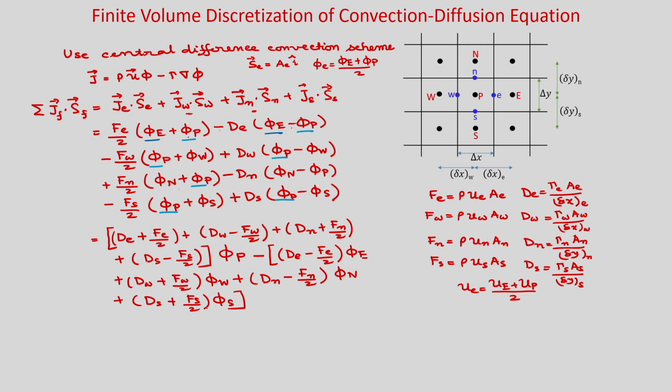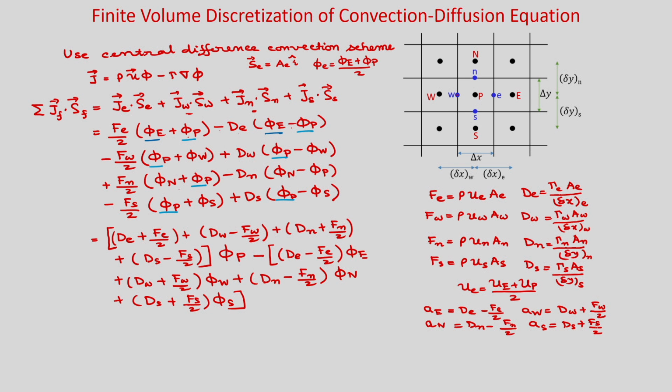Okay. So, now if you define the coefficients as A e is equal to d e minus f e by 2, A w as d w plus f w by 2, A n as d n minus f n by 2, and A s as d s plus f s by 2.